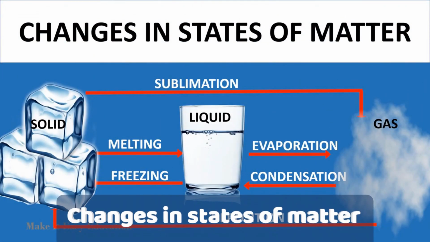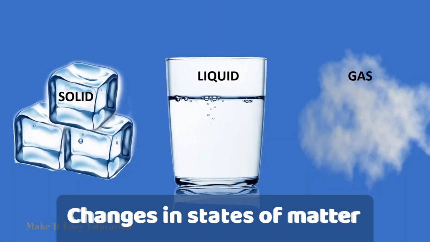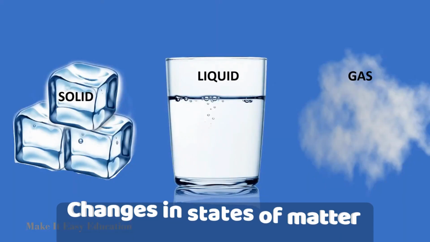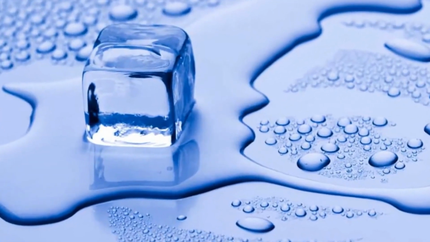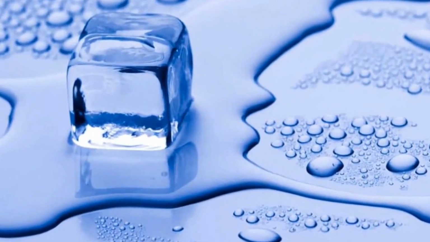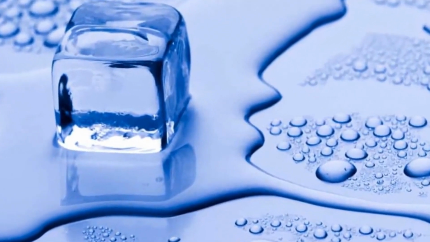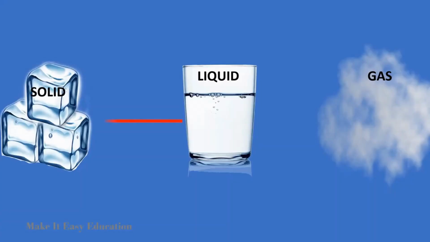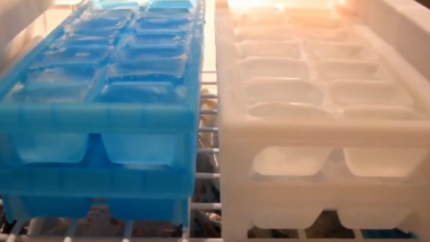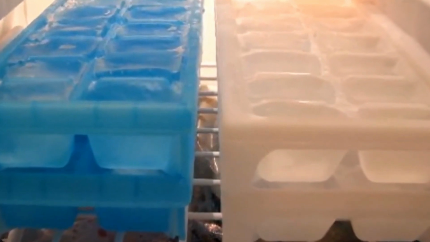Let's now see the states of matter, how they can change. We can have solid changing to liquid. This is called melting. Let's see an example. Yes, this is how melting occurs. Also, liquid can go to solid, that is freezing, such as the refrigerator, as you can see.